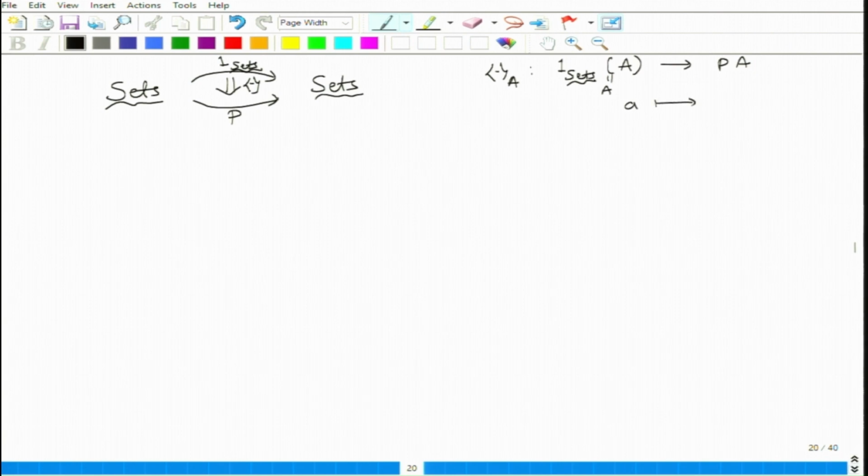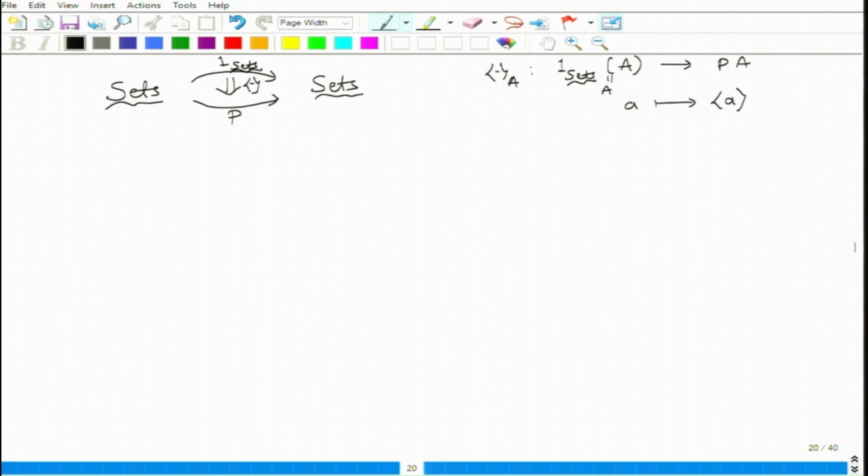It takes a little a and sends it to Singleton a. So this is your component of the original, the component indexed by A. This is a natural transformation.